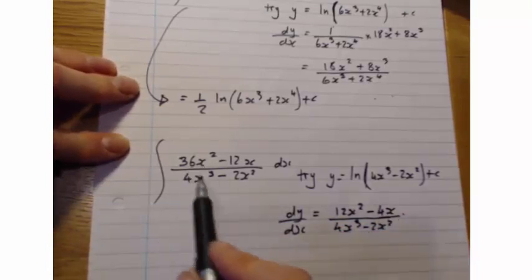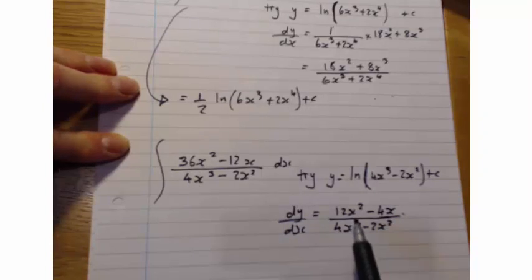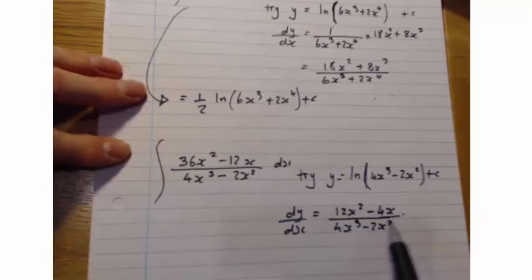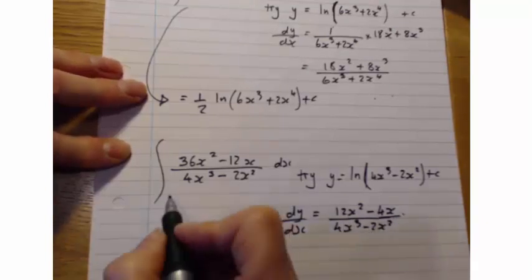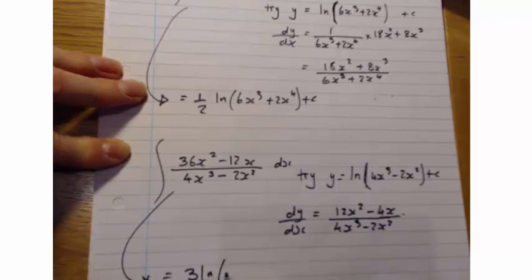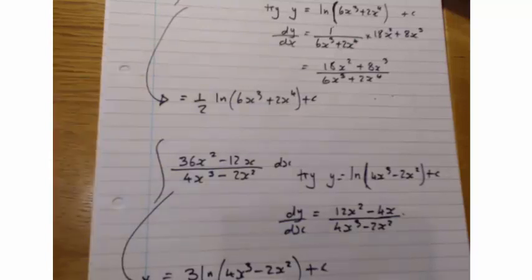Well, the bottoms are the same, but look, the top, and hence the whole fraction, is 3 times too small. So our answer is 3 times this amount. If we now differentiate that, we'll get back to there. Yeah, so we just noticed that we need to multiply that by 3 to get that equal to that.